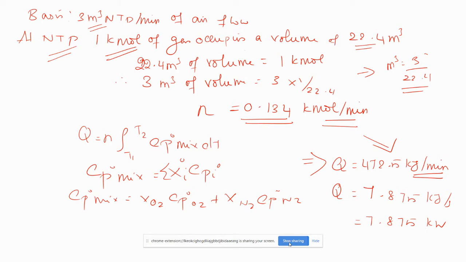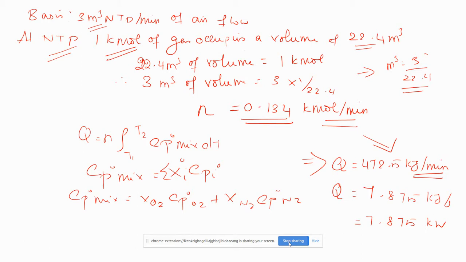So now from this we have found Cp naught mix 1 and Cp naught mix 2, and for the same formula it will be written as Q is equal to N into Cp naught mix 2 of T2 minus T0 minus Cp naught mix 1 of T1 minus T0.